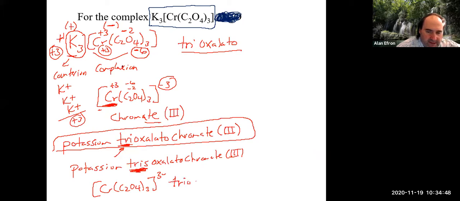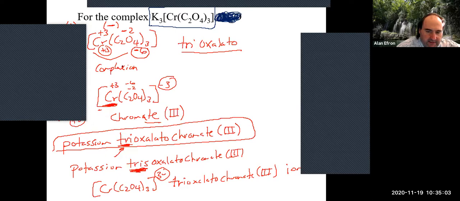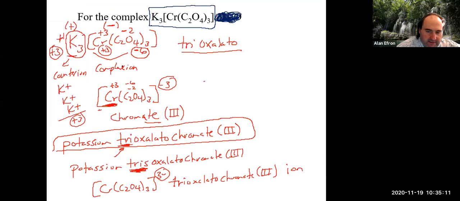So this would be trioxalato chromate 3. And because it's an ion, there's no counter ion, you just put ion at the end of it. So that's how you would name it if you just had the ion by itself. Basically use the same name, just leave off the part with the counter ion. Any questions on that there?